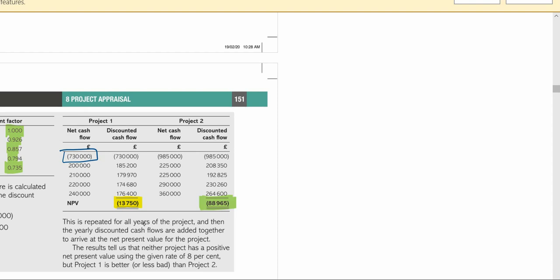But which one is the least bad, or least unfavorable? Project 1 is least unfavorable because the negative value is 13 thousand, but in project 2 the negative value is 88,000.